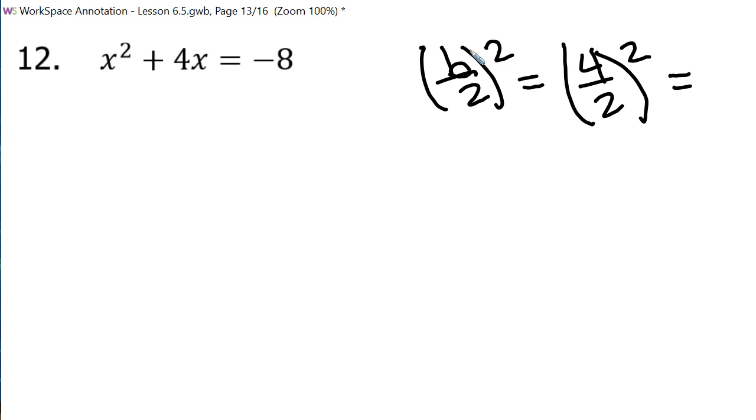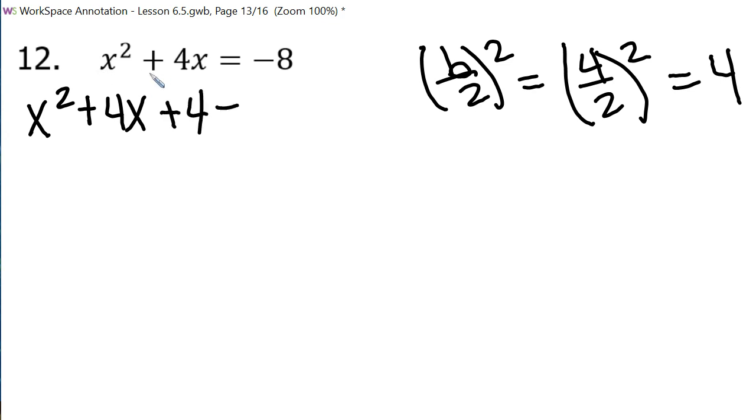So what's 4 divided by 2? 2, and 2 squared is 4. What do I do with that 4? Add it to both sides. So this would be x squared plus 4x plus 4 is equal to negative 8 plus 4. So make sure you added it to both sides.